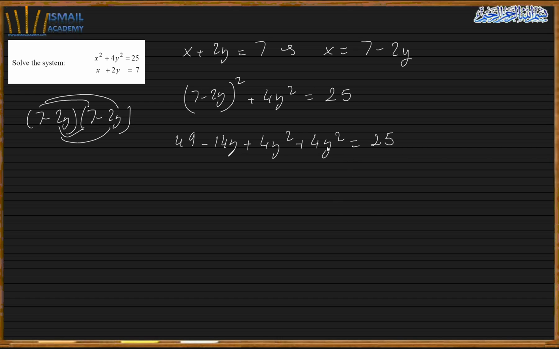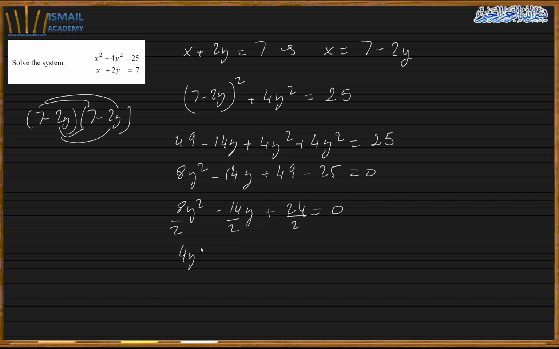Okay, so here I will have 8y squared minus 14y plus 49 minus 25 equals 0 if I move this one here. So now I will have 8y squared minus 14y plus 24 equals 0. Divide the whole thing by 2 to have smaller numbers.